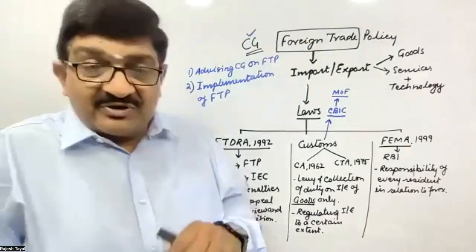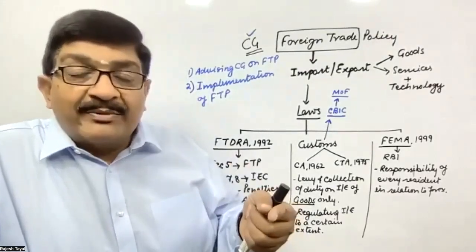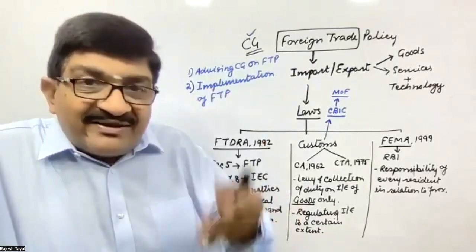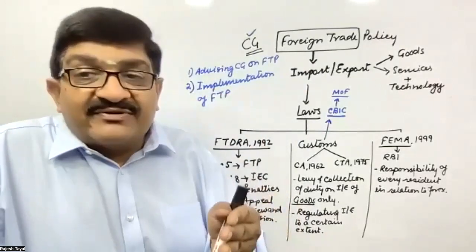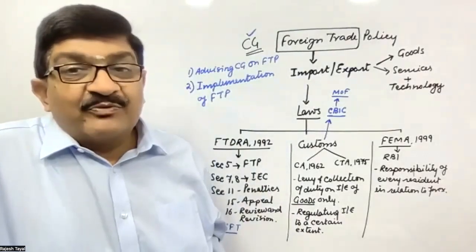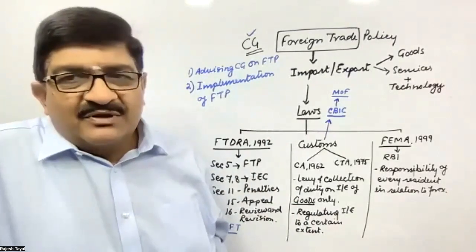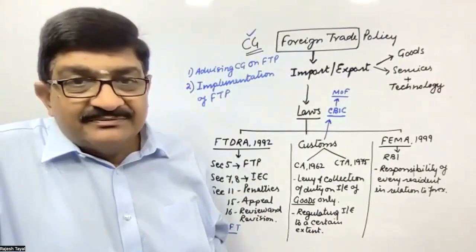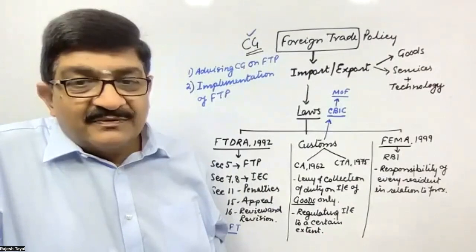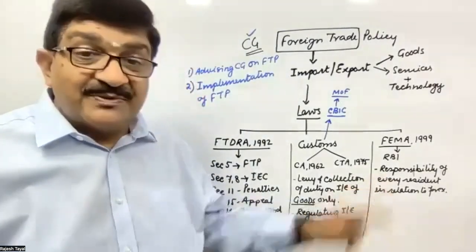If a person who is already a resident or citizen of India goes out for the purpose of employment, the day he goes out, on the very same day, he ceases to be a person resident in India as far as FEMA is concerned. He becomes a person resident outside India. So Vipul, you got the answer. Okay, so that's how. So first is responsibility.